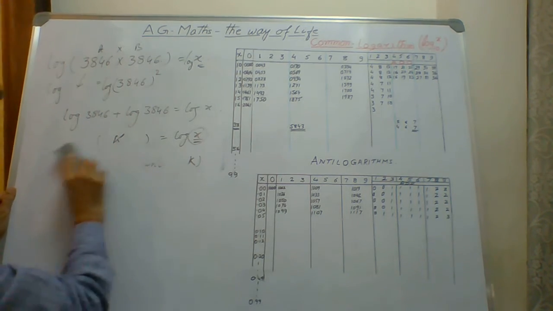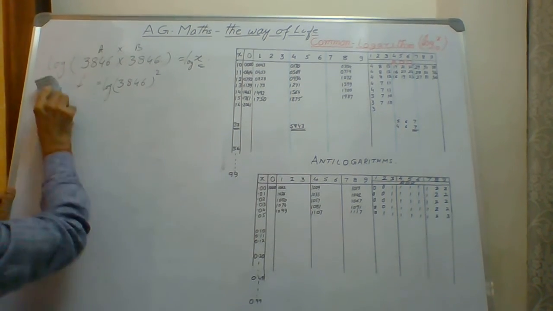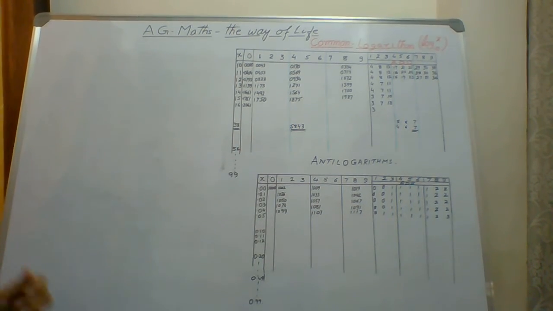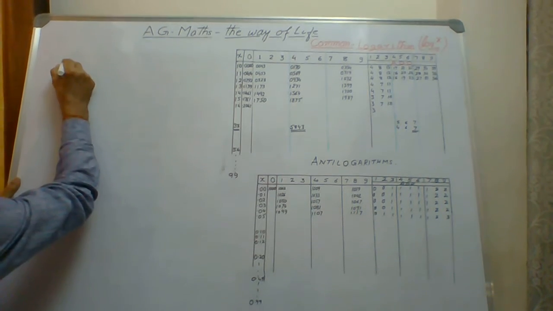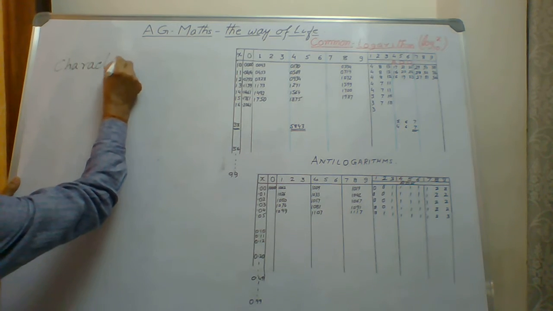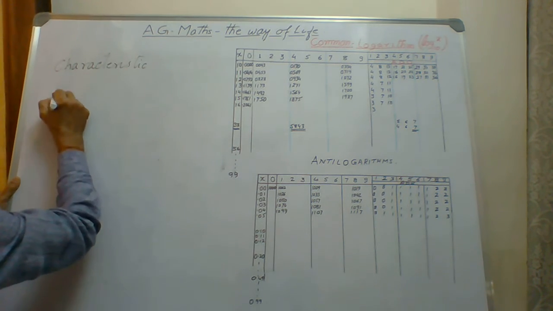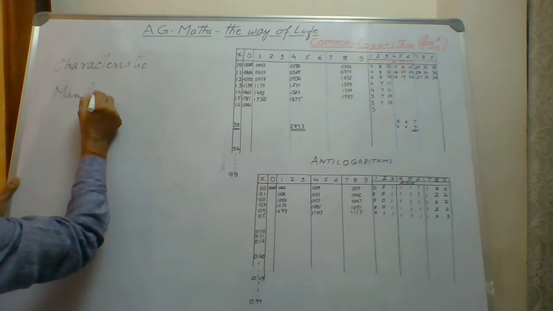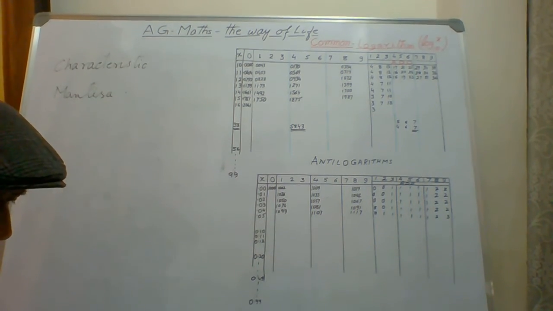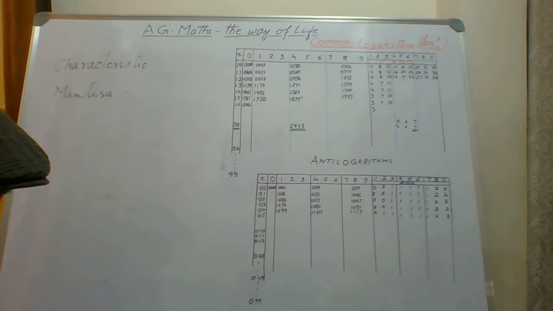Now this log table has two parts, called the characteristic and the mantissa. One is called the characteristic and the other part is called the mantissa. Now what is the characteristic? In a logarithmic expression, when the base is not mentioned, it is taken as 10.